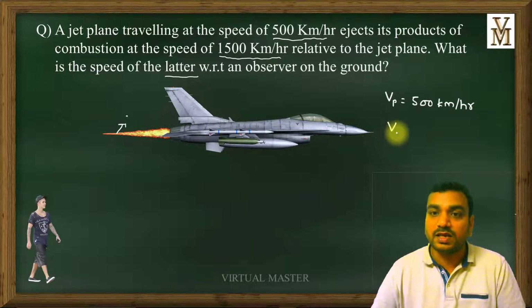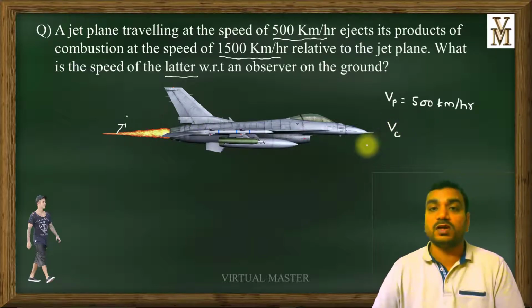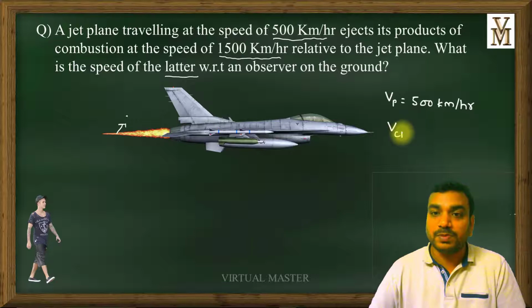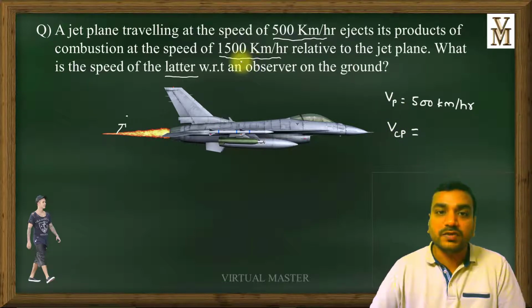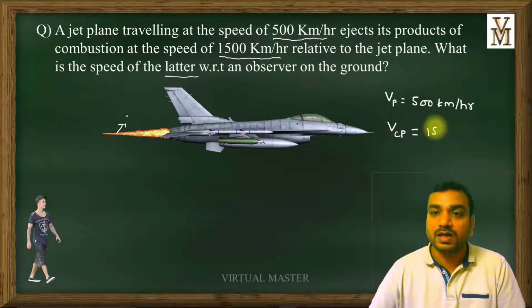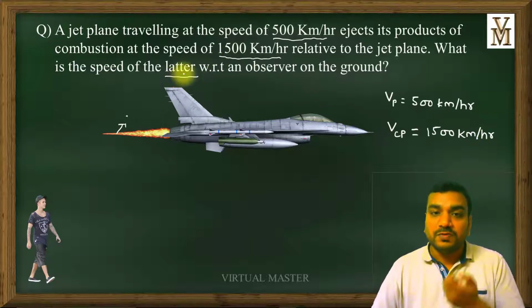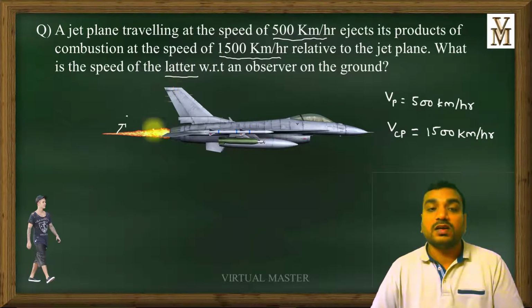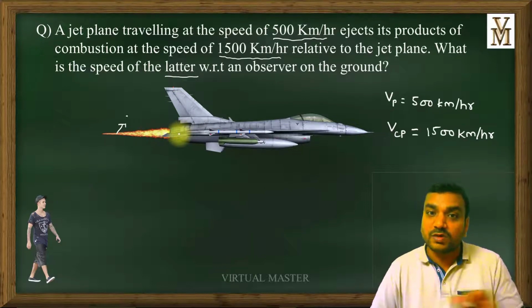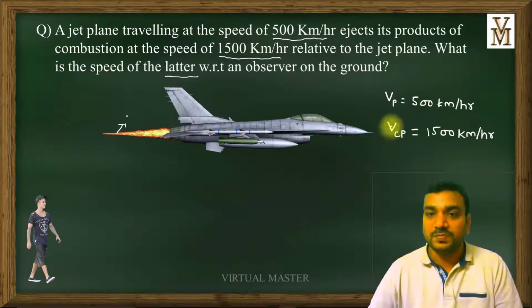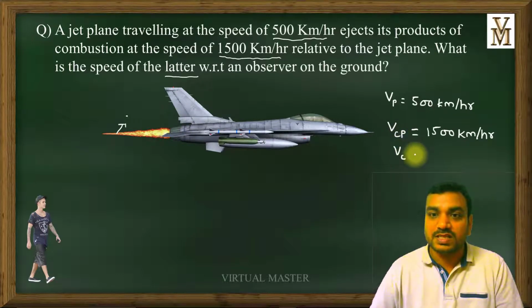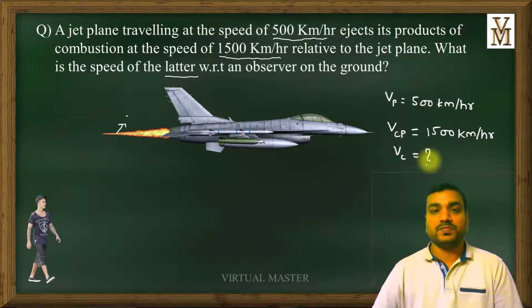I will call it the relative velocity of combustible products with respect to the plane, VCP, which is given as 1500 km per hour. And what we have to find is the speed of the combustible products, that is, the smoke or fire coming out of the jet plane. I will write it as VC equals how much.